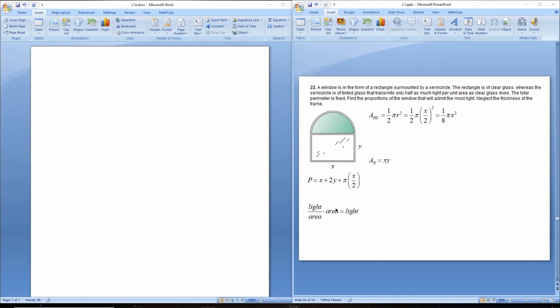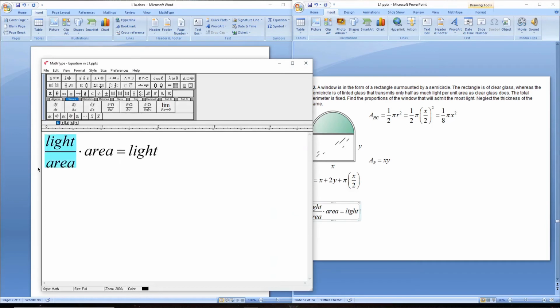Remember, a word is just a longer variable name. So what does this mean we're going to do? Well, we don't know what this light per area is. And it's just some number. Just going to call it L.